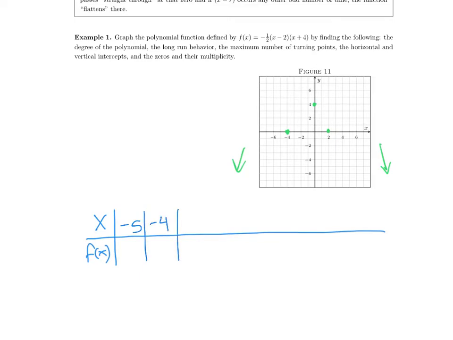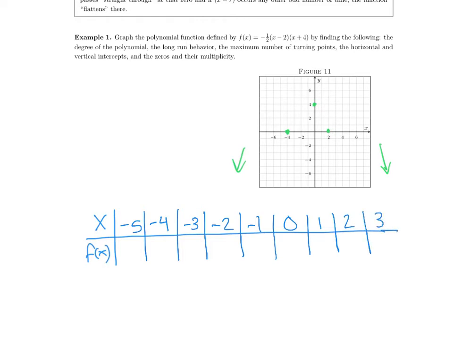Then I want all the whole numbers: negative 3, negative 2, negative 1, 0, 1, and 2. That's our next x-intercept. And I want to go 1 past that just so we can look at steepness.